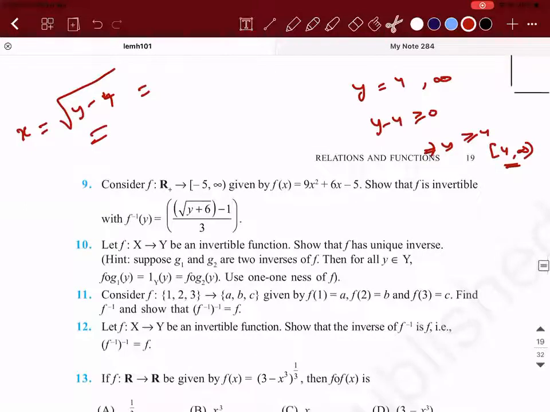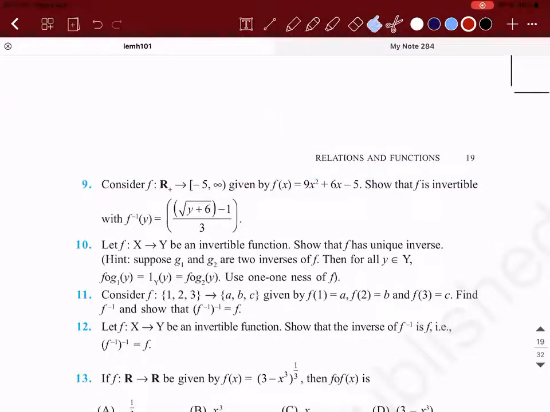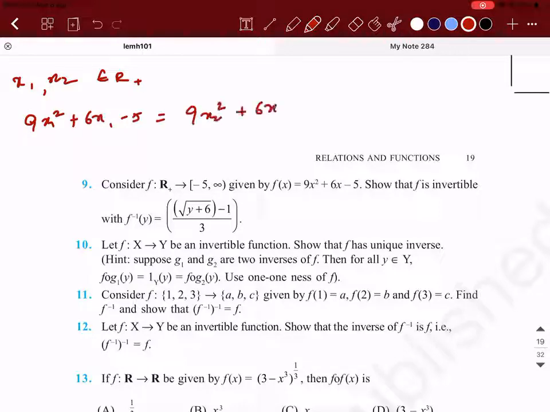Consider the elements x1, x2 that belong to R plus. Then 9x1 square plus 6x1 minus 5 is equal to 9x2 square plus 6x2 minus 5. Minus 5 are gone.